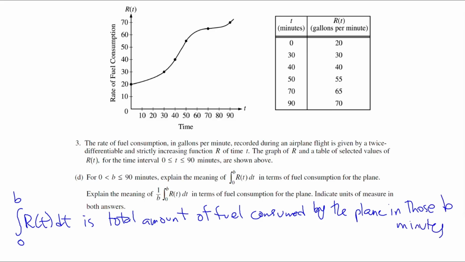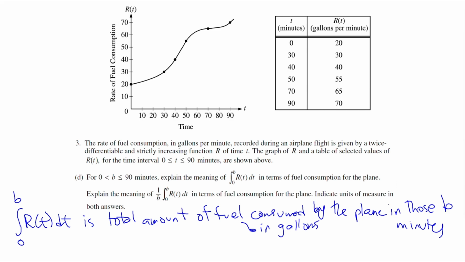And it tells us to indicate units of measure. So total amount of fuel, and this will be in gallons. And our other unit was minutes. So make sure you say that.